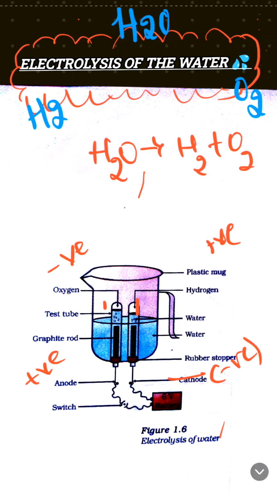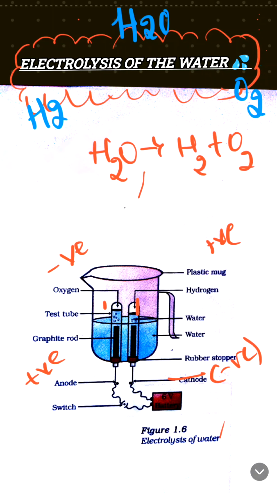Next, the fifth point. Now let us see how we know that the collected gases are oxygen and hydrogen respectively at the anode and cathode. First, hydrogen is a highly flammable gas. To find out the oxygen and hydrogen collected, we take a burning candle and place it near the two test tubes where hydrogen and oxygen are collected.